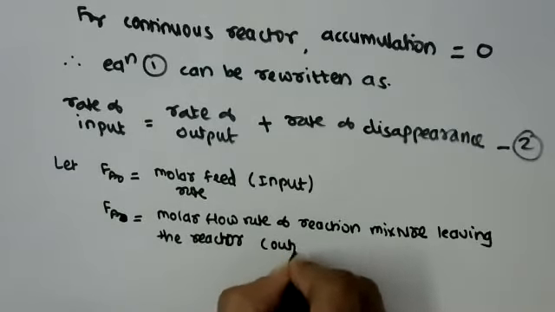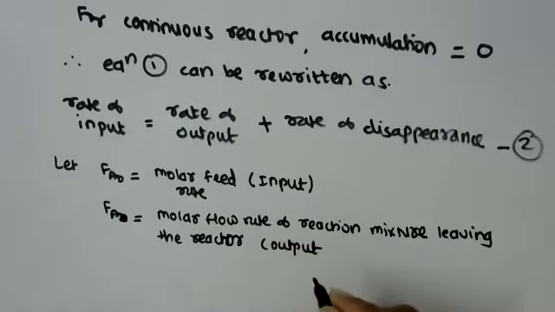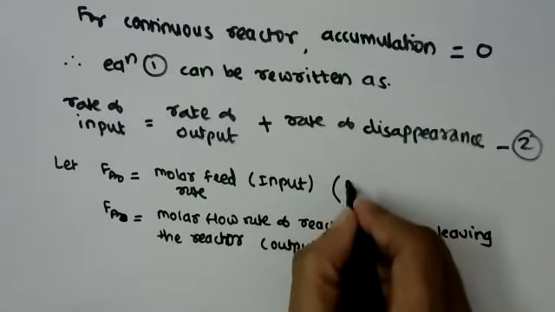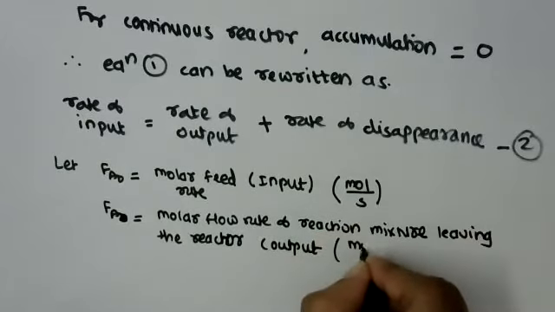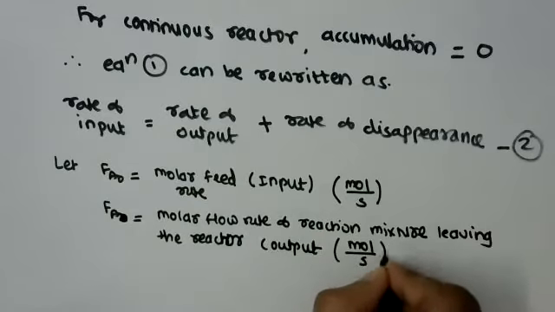So this corresponds to output. Now since I am saying molar feed rate, the unit might be, say, mole per second. It could be mole per minute also, mole per hour or kilomole per hour.